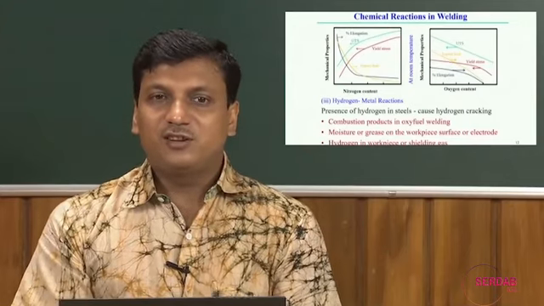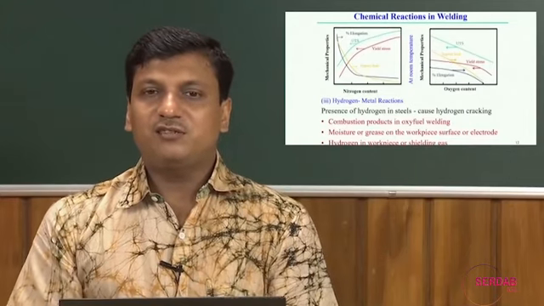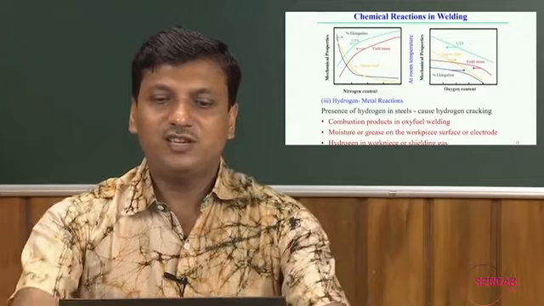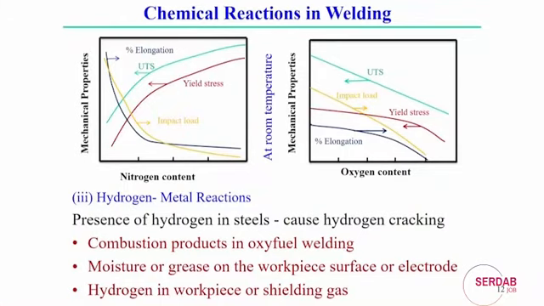in that sense. But of course, if you look at the oxygen content, you can see that with increasing oxygen content in the weld joint, almost all of the properties decrease. Here you can see the ultimate tensile strength, impact load, yield stress, and elongation all decrease in the presence of oxygen.